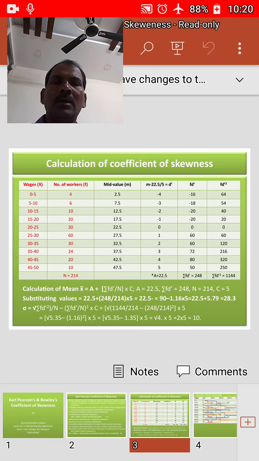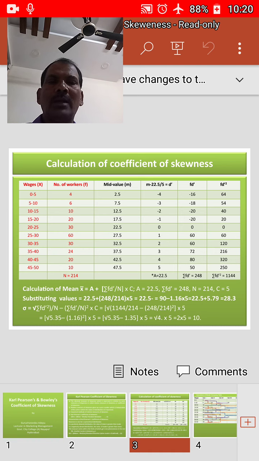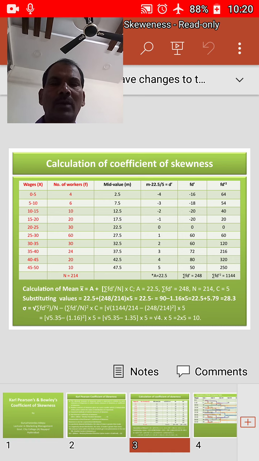And 25 into 10, 250. If you add all these, you will get the fd dash square, that is sigma fd dash square is equal to 1144.